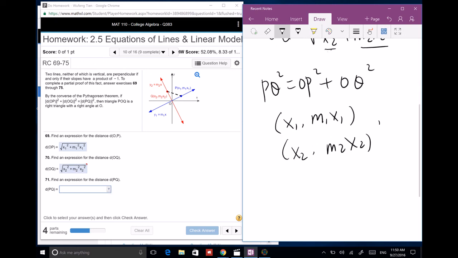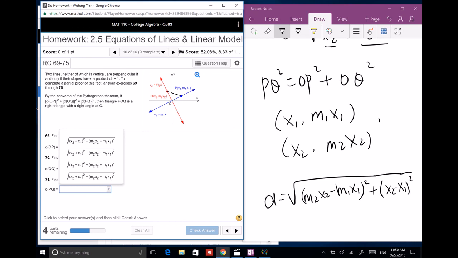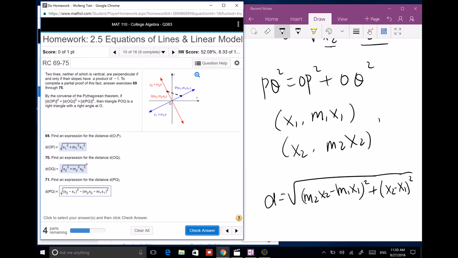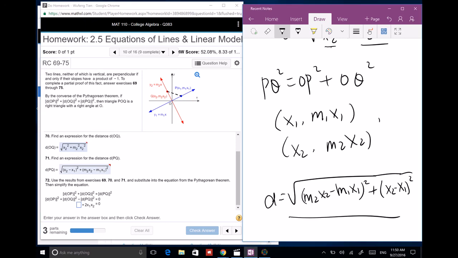Use the distance formula: d equals the square root of the y difference squared plus the x difference squared. So it's m2 x2 minus m1 x1 squared, plus x2 minus x1 squared. I just didn't choose the right sign, but it's exactly what I wrote on the board.